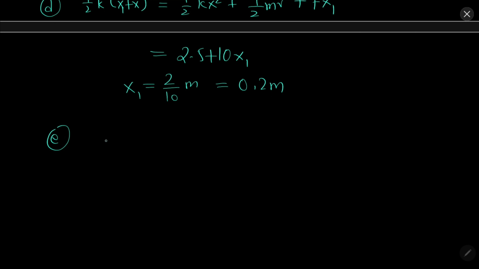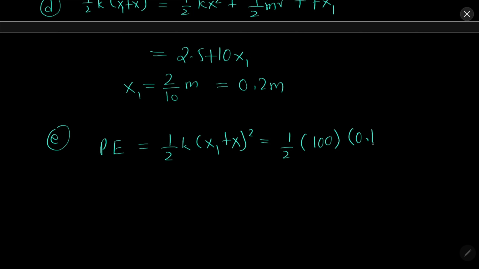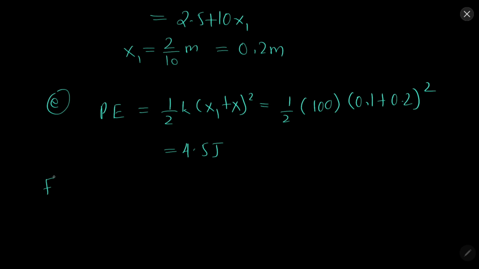E part. Potential energy at the left extreme will be half into 100 into (0.1 plus 0.2) whole square. It will give us 4.5 joules. Potential energy at the right extreme will be half k (x1 plus x) square minus F into 2x1.